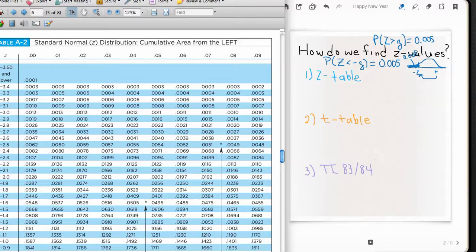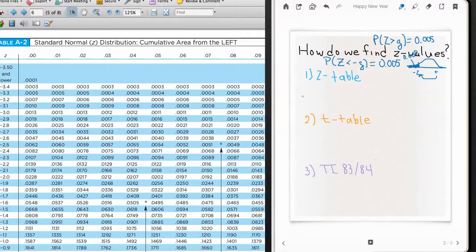So what we could do is get the average of these two, and from the z-table, that's exactly what we'd do, and we'd say, oh, it's halfway between -2.57 and -2.58.